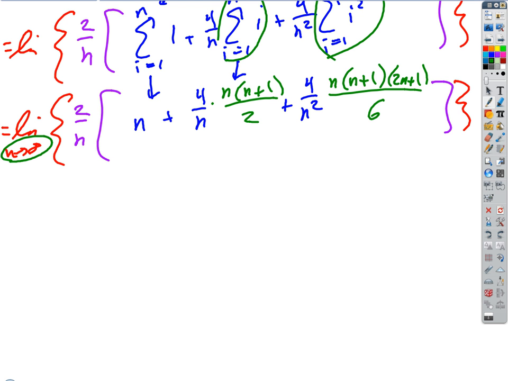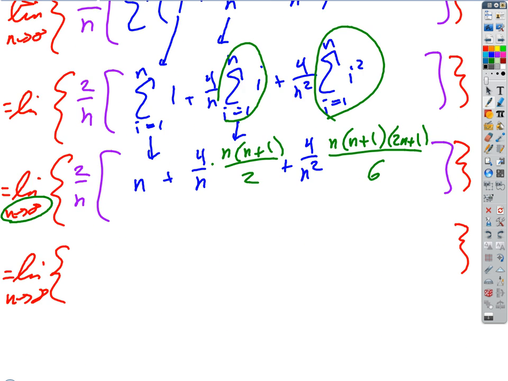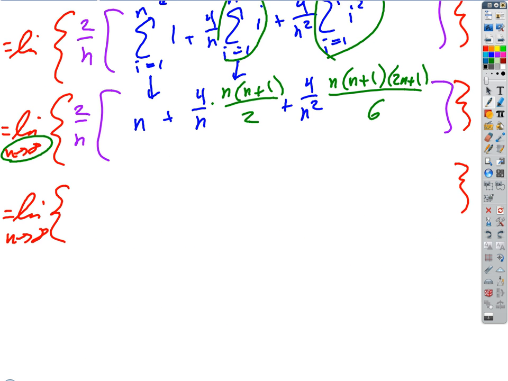So what are we left with then? When we distribute the 2 over n to this, we just get 2, right? Plus 2 over n times 4 over n. We could even cancel, that's an n that's a factor on the bottom, right?